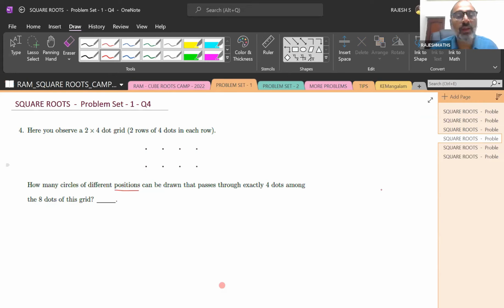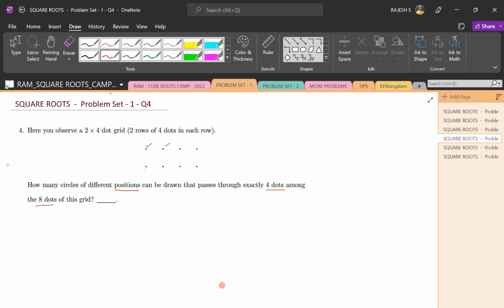Positions can be drawn. So if you draw the same position circle, you should not count it 2 times. That's why it's given how many circles of different positions can be drawn that pass through exactly 4 dots among the 8 dots of this grid.